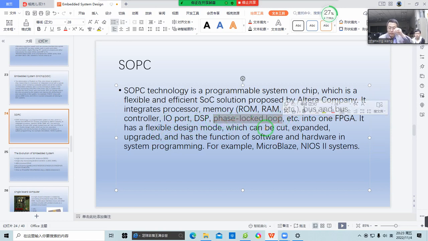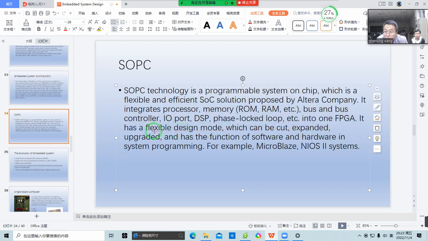What is PLL? It can increase the frequency. For example, you install a crystal outside that is only 8 megahertz, but you can increase it to several hundred megahertz. So this is PLL.